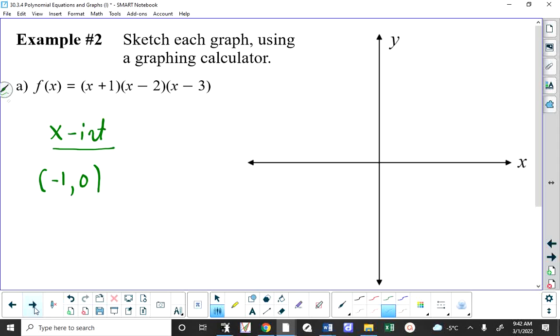You should have an x-intercept at 2 because we have a factor of x minus 2, and you should have an x-intercept at 3. So I'm not really sure we need to cheat and peek and look at the graph on our calculator. I'd like you to focus up here that we're going to have an x-intercept at 2, an x-intercept at 3, and an x-intercept at -1.